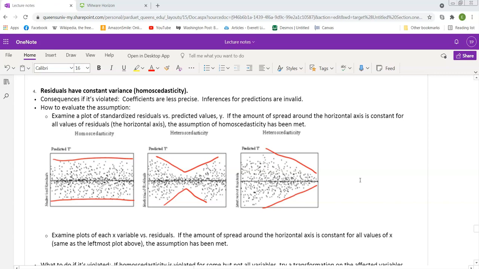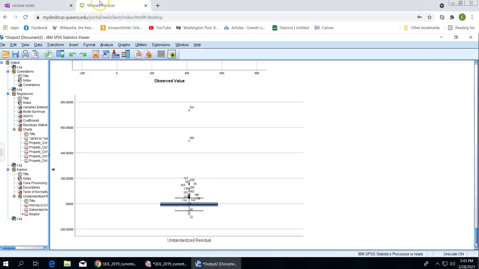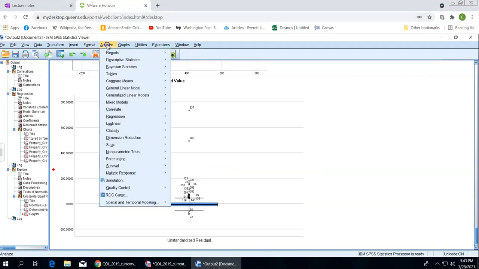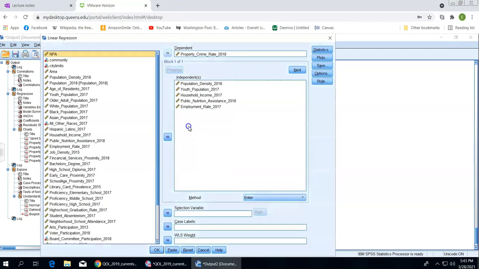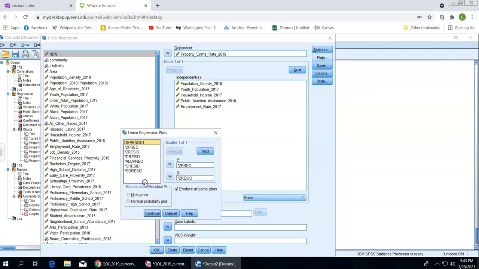So to evaluate this assumption, we're going to look at a plot of standardized residuals versus the predicted values. And we generated this in our regression output when we did under plots, when we did the residuals versus the predicted.